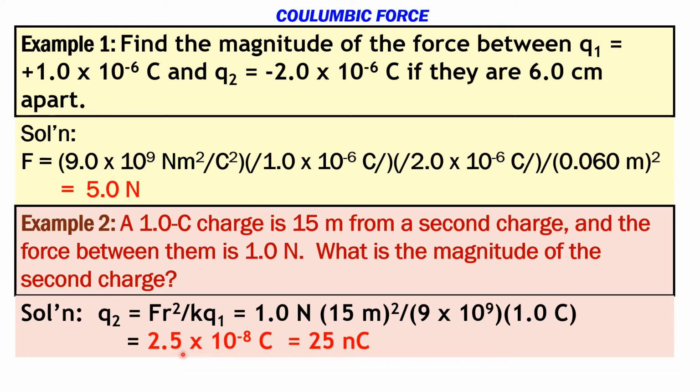Since we are not so familiar if this amount of charge is rather large or small, we convert it to nanocoulombs and we get a whole number, 25 nanocoulombs. But take note, 1 nano means 1 raised to negative 9 coulombs. All right, so I hope this answer makes sense to you.